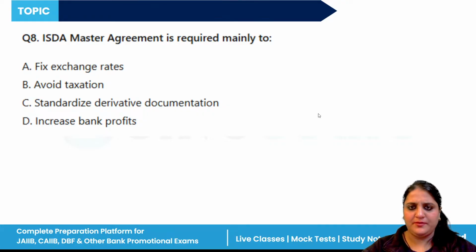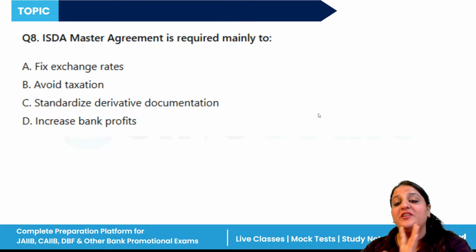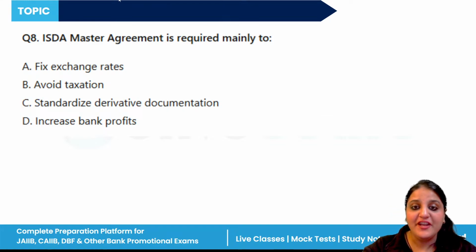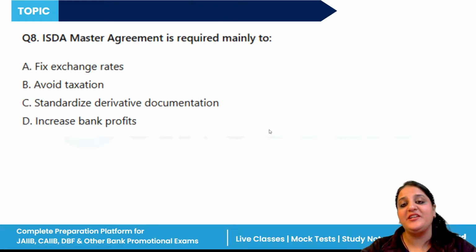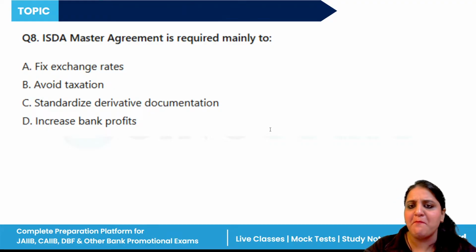Suppose RBI acts like a strict referee. It allows derivatives but only with rules and documentation. RBI issued comprehensive guidelines on derivatives. ISDA master agreement is mandatory.